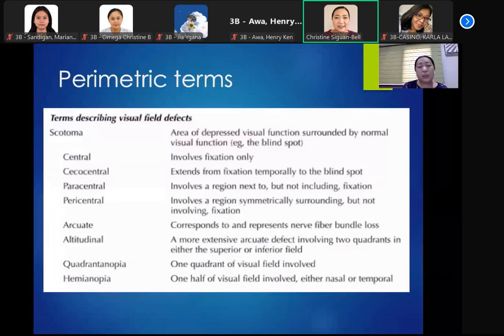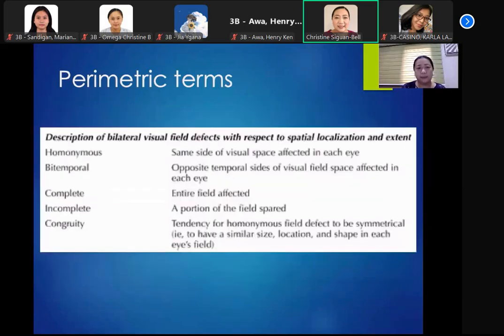These are the different terms describing the visual field defects. A scotoma is an area of depressed visual function surrounded by normal visual function. It can be central, cecocentral, paracentral, pericentral, arcuate, altitudinal, quadrantanopic, or hemianopic.